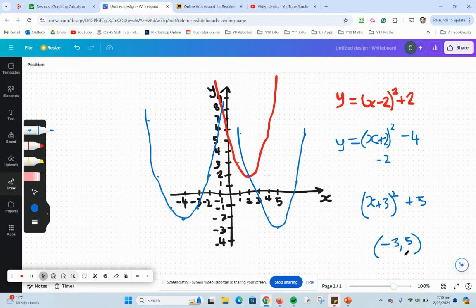Oh, should I actually do it the other way around? Oops. At 5, at minus 3. Remember, the number inside the bracket gives you the y value, and the number on the end gives you the x value. X and y.